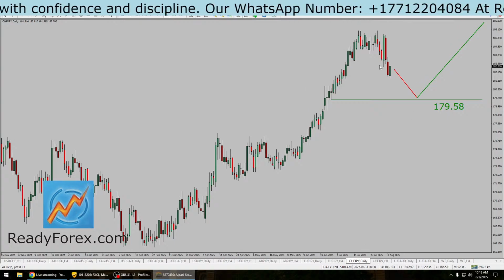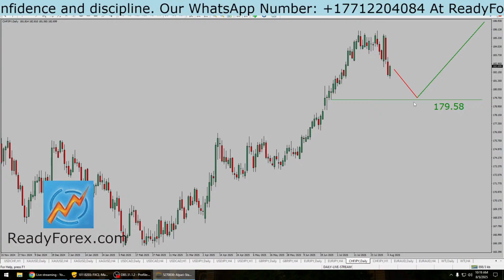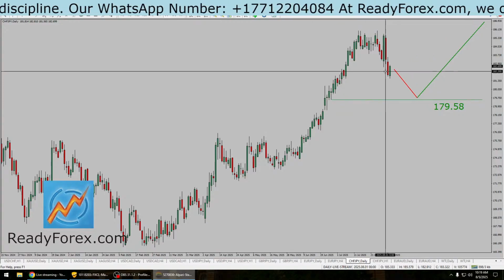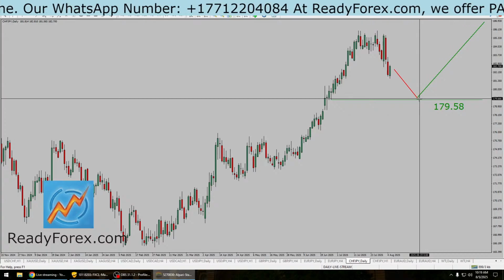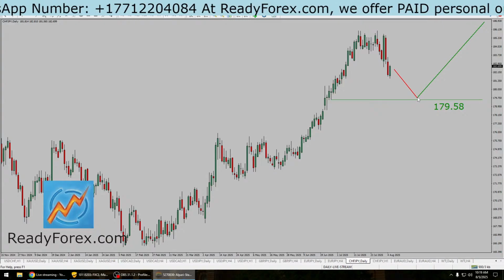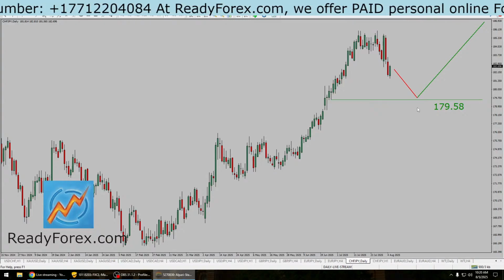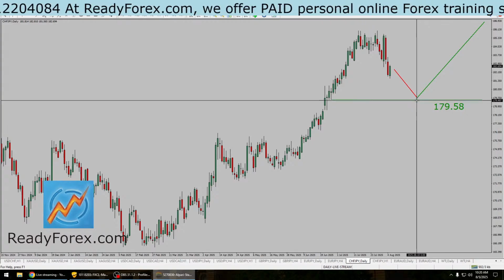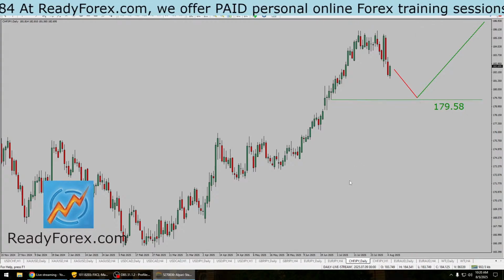Regarding the CHF JPY, I do have a buy trade plan down over here, but first market should drop around the 179.58 level, then we can say with high confidence to look for some kind of a buy trade setup down over here.